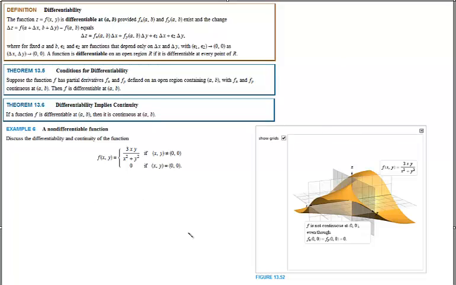And this last example exemplifies that, because the partials do exist but it depended on your direction of approach, just like the concept that we introduced partial derivatives with, where we can't talk about the slope in all directions, but we would talk about it in just one direction.